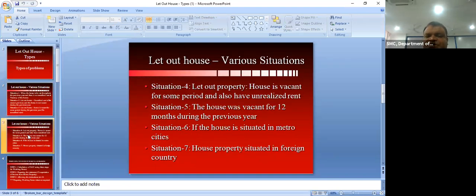Then the fourth situation is where the house has been let out in a previous year, and there were 2 months vacant and 1 month unrealized rent out of 12 months. So only 9 months you have received, whereas 2 months was vacant and 1 month was unrealized rent.